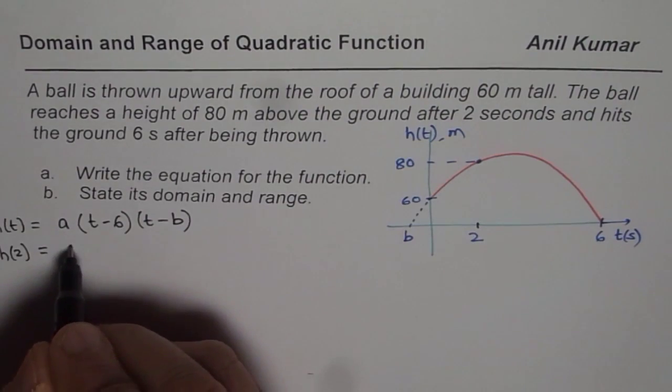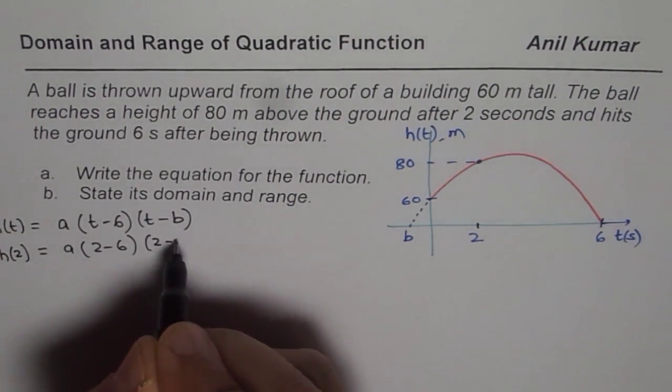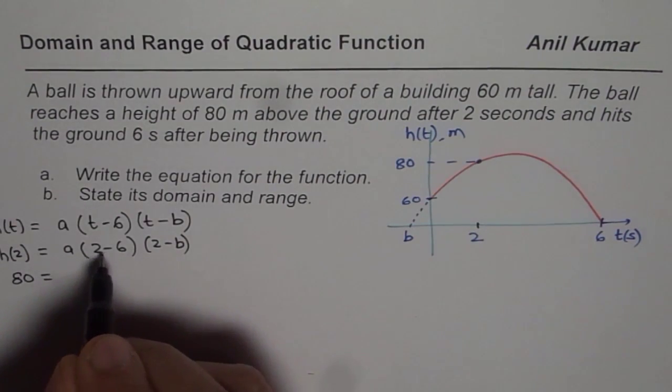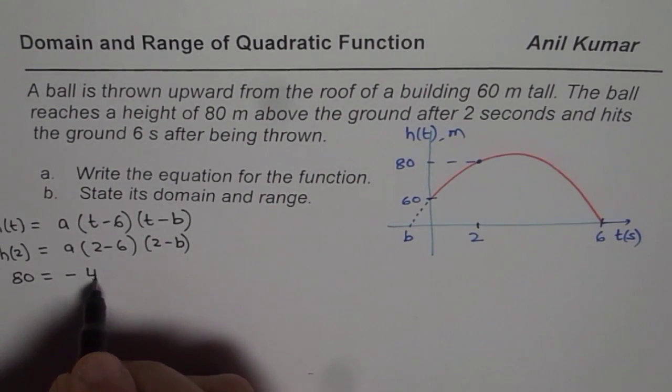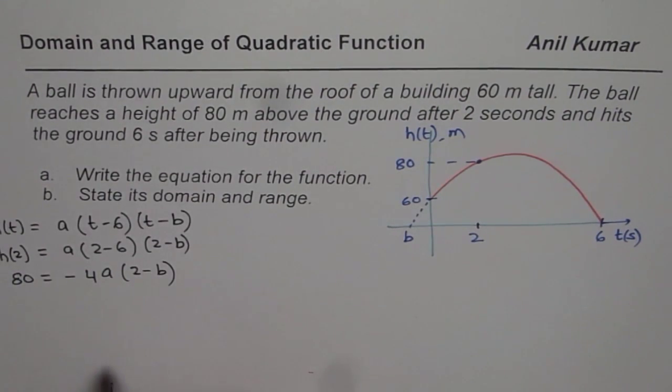So I'll write down a times 2 minus 6 times 2 minus b. So 80 equals 2 minus 6, which is minus 4, times a, times 2 minus b.